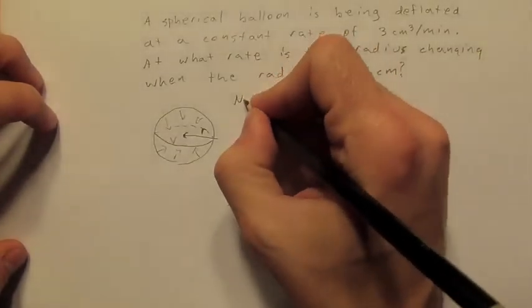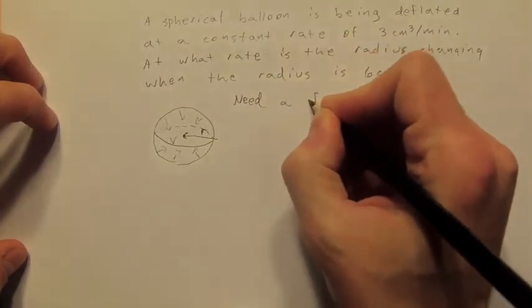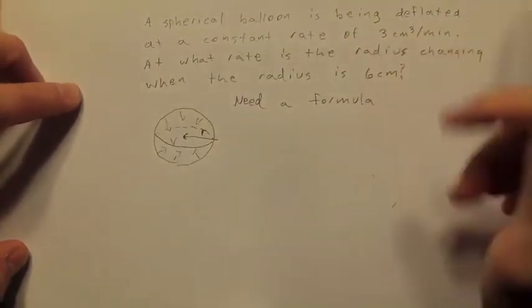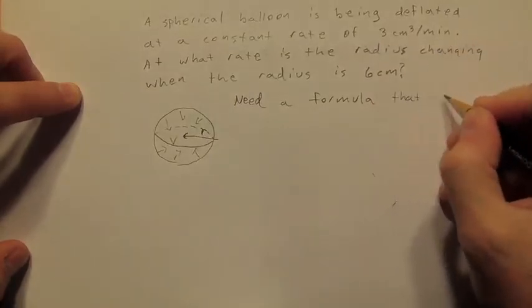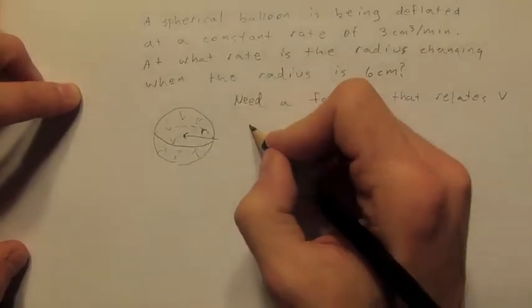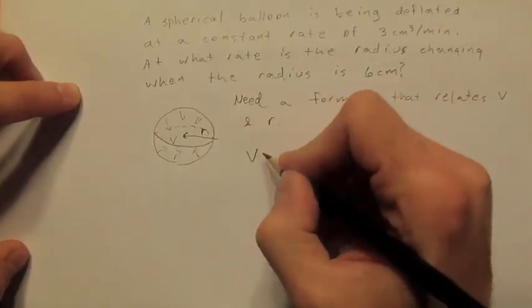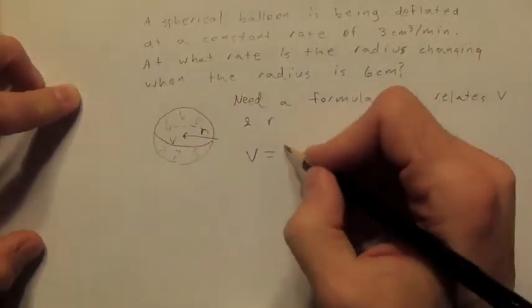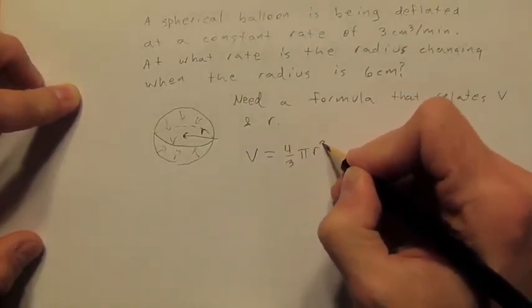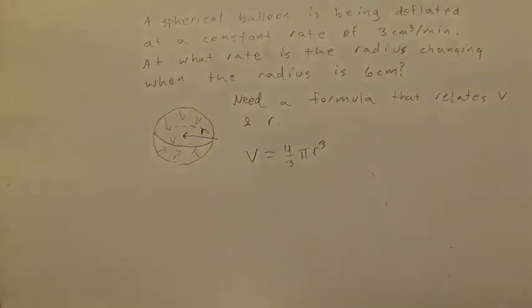So we need a formula that relates these two. Relates V and r, and of course that's just going to be the formula for the volume of a sphere, which is 4/3 pi r cubed.